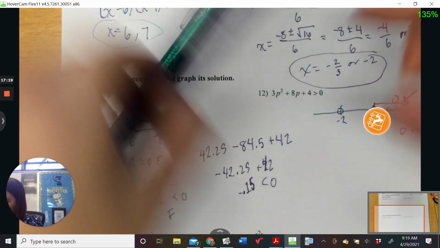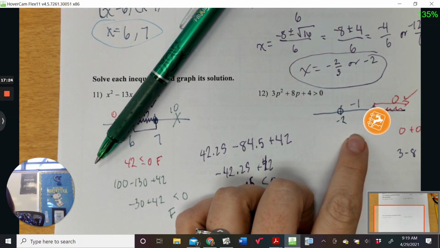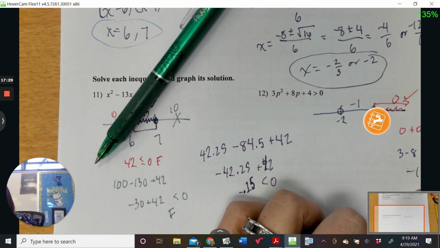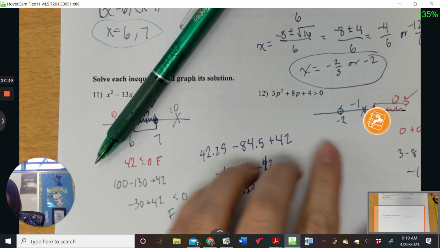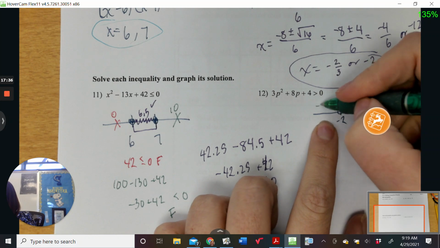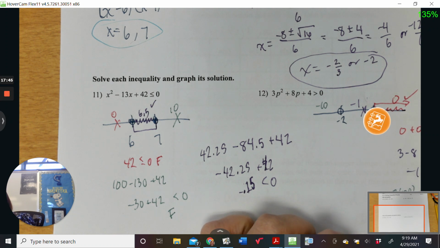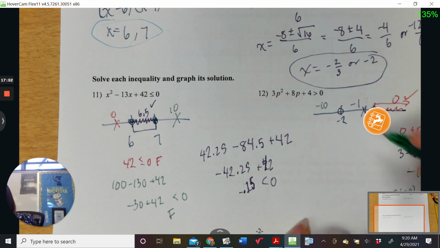I'm going to test negative 1, which is 3 minus 8 plus 4, which is negative 1, which is not bigger than 0. Then I'm going to test over here, how about negative 10, which is 3 times 100 minus 80 plus 4, which is 220 plus 4, which is bigger than 0.